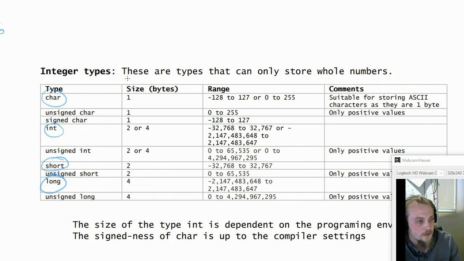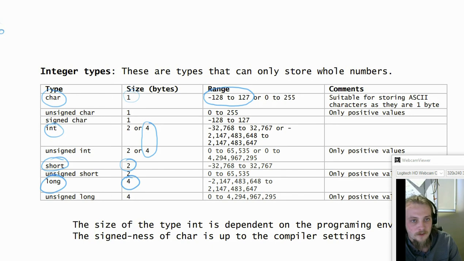Here we can see that a char is 1 byte, and it has a range of negative 128 to 127. We've got an int, which is 2 or 4 bytes. On our system, it's going to be 4 bytes. Int changes depending on the programming environment. Short is 2 bytes and long is 4 bytes.